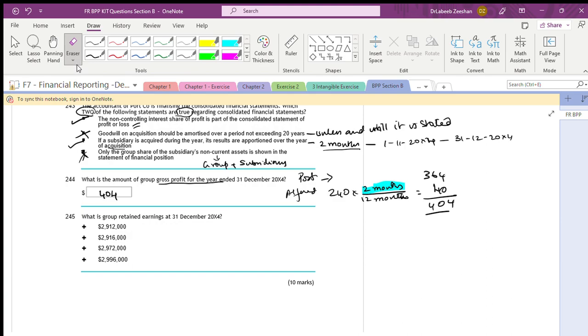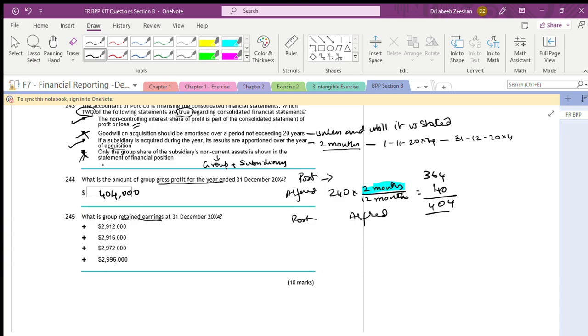404. What is the group retained earnings? Keep it in mind, this is really interesting. What is the Port and what is the Alfered?